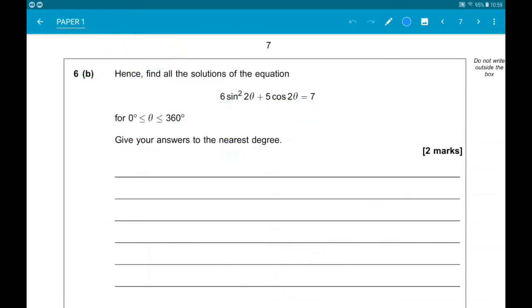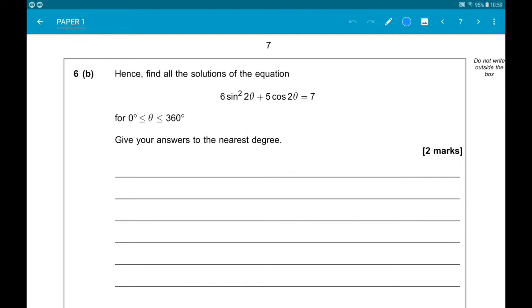Okay, then for part B, let's find all the solutions of the equation 6 sine squared 2 theta add 5 cos 2 theta is equal to 7, for theta between 0 and 360 degrees. Give all your answers to the nearest degree.